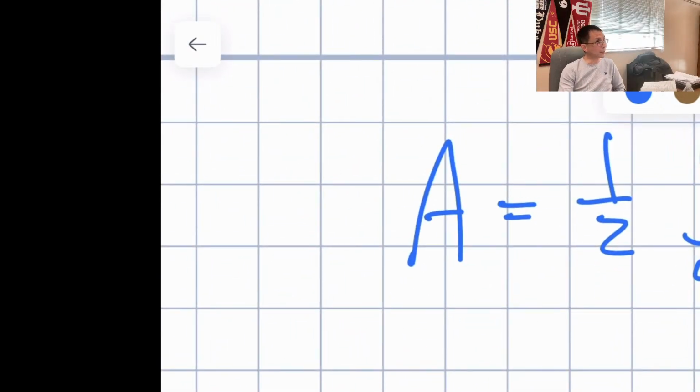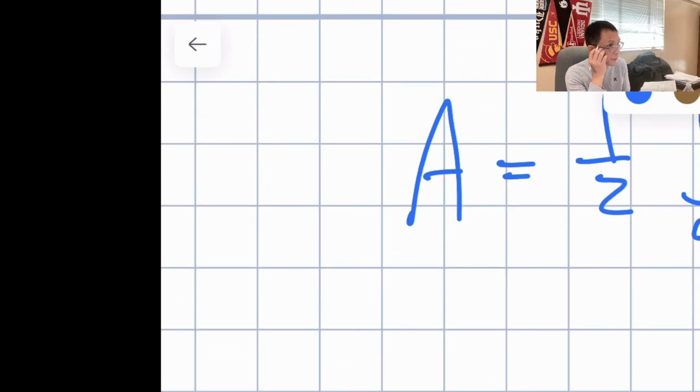So how many petals is this? 3. If it's odd, then it's going to be the same amount of petals. Okay. So how do you find the area of one petal only?